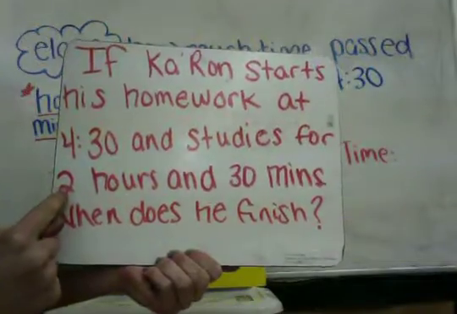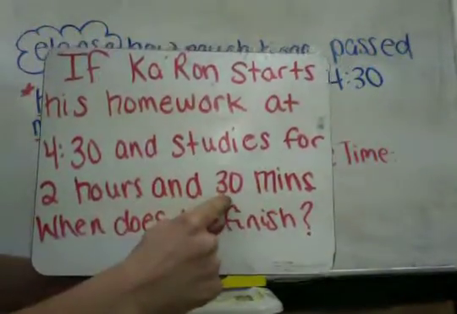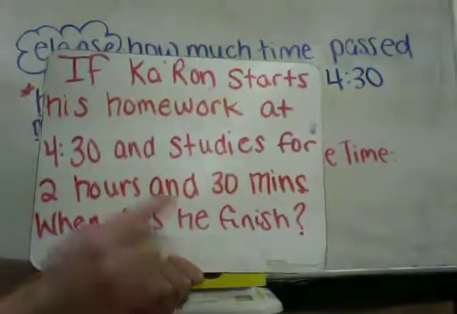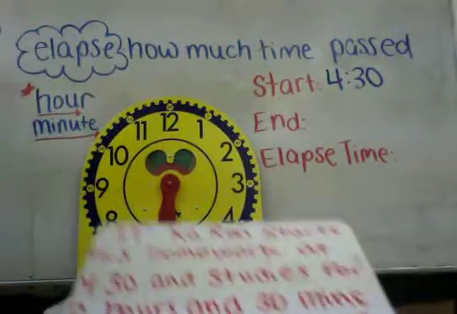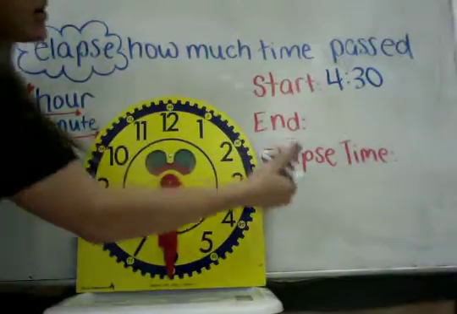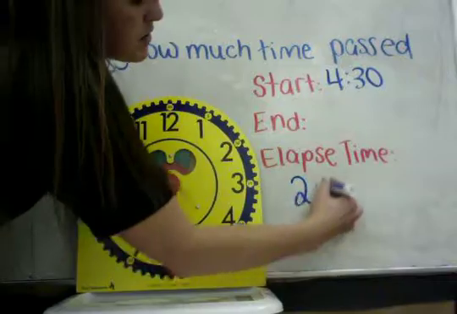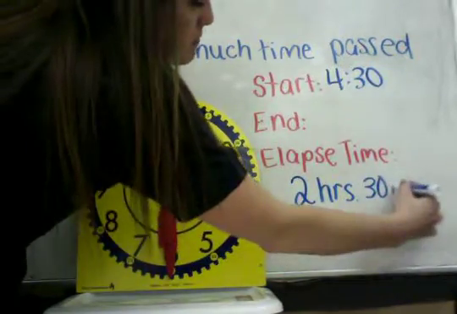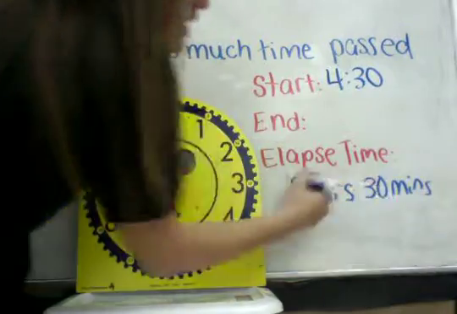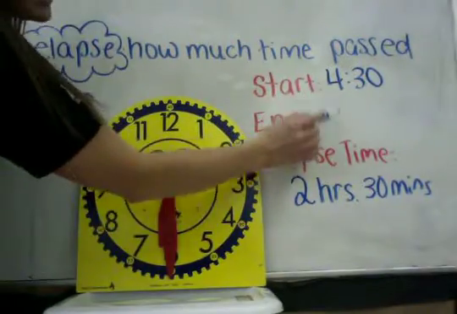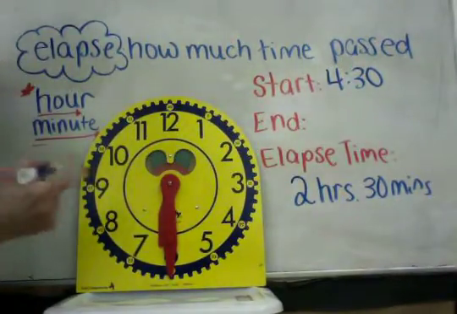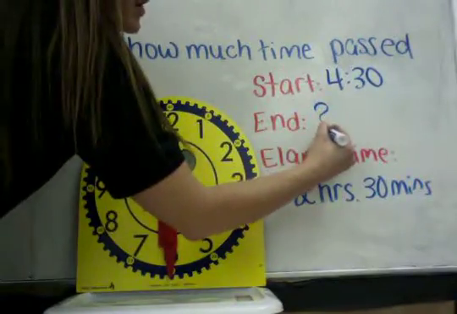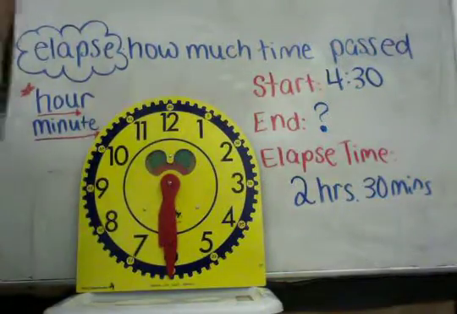We know that he studies for 2 hours and 30 minutes. So that's our elapsed time. So over here, I need to write 2 hours, 30 minutes. This is how much time has passed from his start time to his end time. So what we're solving for is, when does he stop studying?